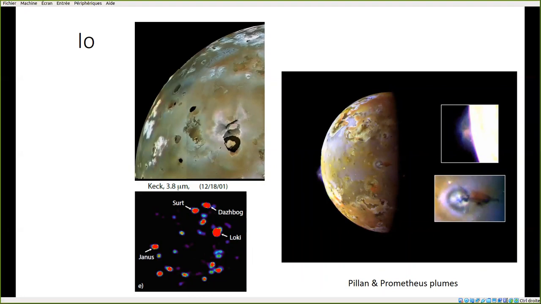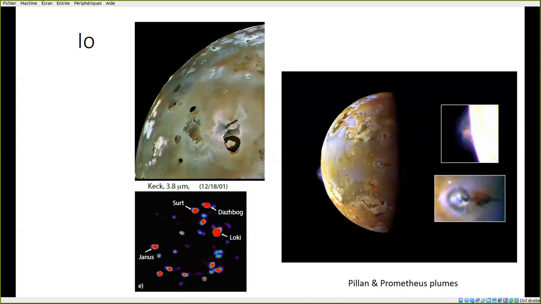So this volcanic activity has a variety of manifestations, including an active and quickly resurfaced surface, which is covered by SO2 frost and by other sulfur species, and has also a number of other volcanic manifestations like hotspots, plumes, lava lakes, outbursts.